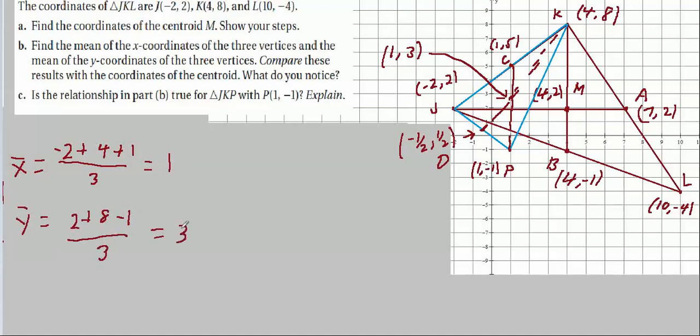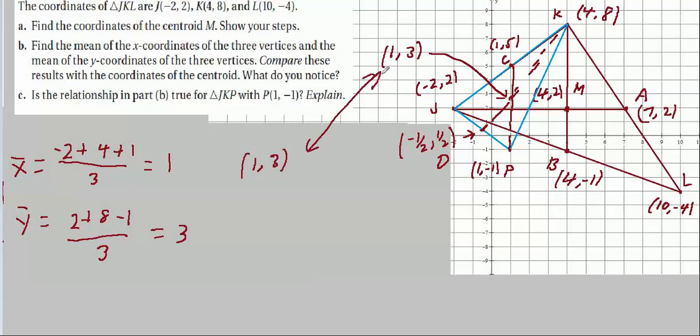Uh-oh. What is our average? Our new coordinate, if we take the average of the x coordinates and the average of the y coordinates, it's 1, 3. Looks just like that, doesn't it? Well, that's because it's supposed to.